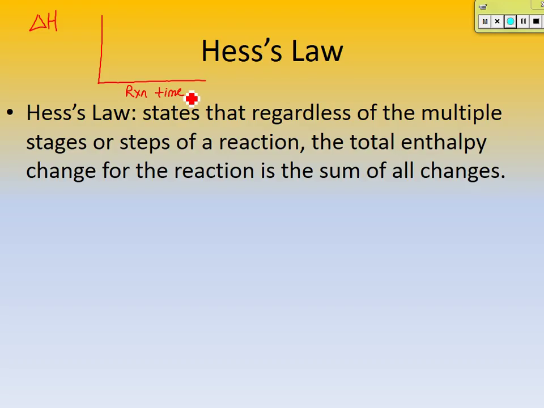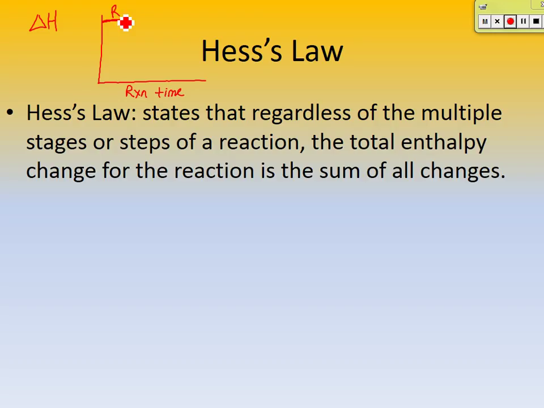That definition will make more sense once we go through these problems, but let me see if I can help you understand what that definition is saying. It says regardless of the multiple steps of a reaction, the total enthalpy change for the reaction is the sum of all of them. So here's just an example.